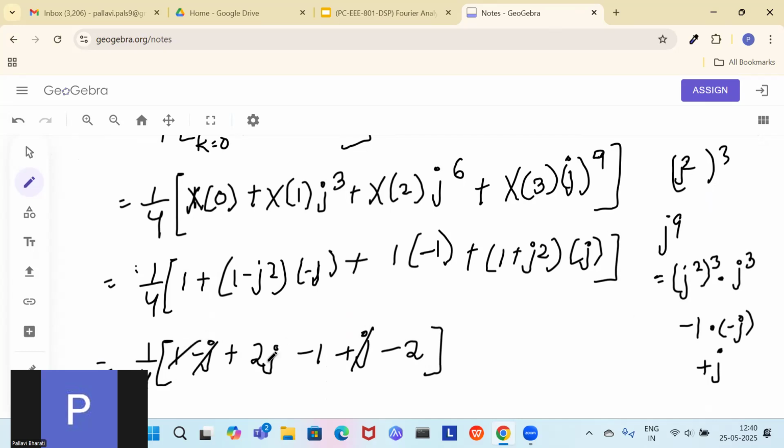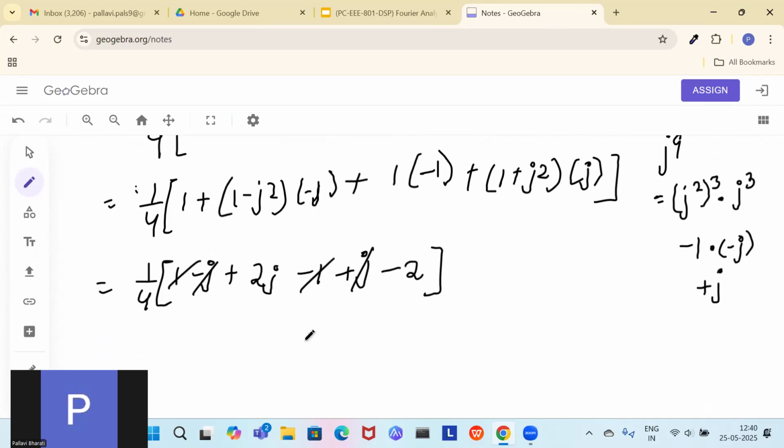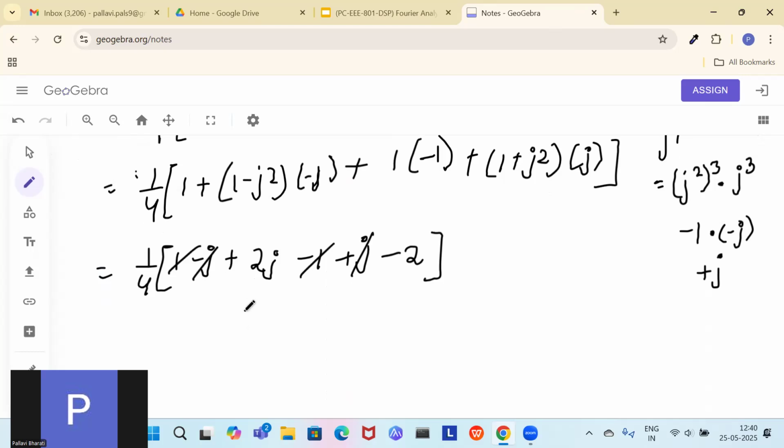Plus 1 and minus 1 gets cancelled. What you have is 2j minus 2 by 4. So take 2 outside. So 1 by 2 j minus 1. So the value, let me check once, it is coming out minus 0.5. So this j should cancel over here.